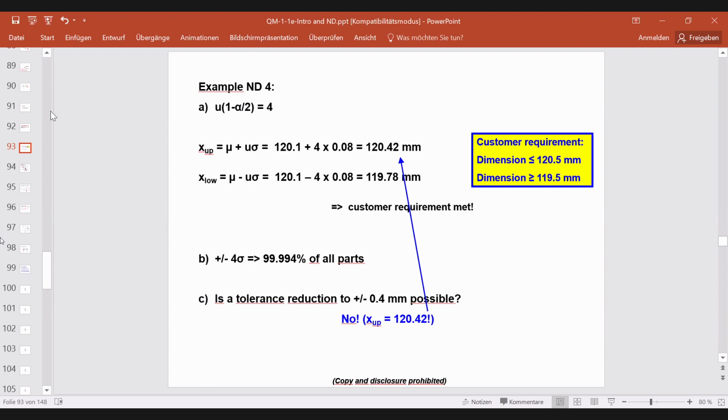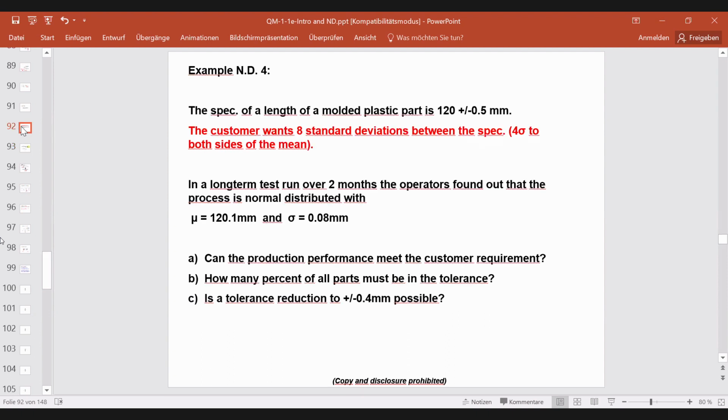Then the question number B. Question number B is, how many percent of all the parts must be in the tolerance? Well, this is mentioned here. 4 sigma to both sides of the mean, 8 standard deviations between the specification.